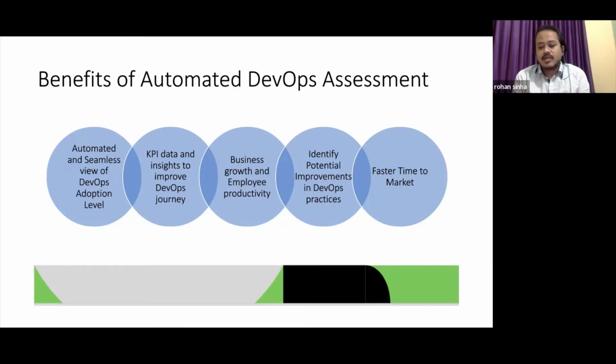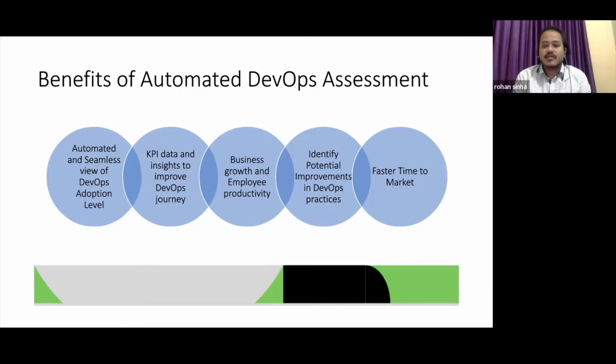But the problem is that when we do an assessment in a manual fashion, and after a few months we want to see where we have reached right now, we again have to do another manual assessment, and it might take another huge amount of time. It is a serious process, and getting informed is time consuming.